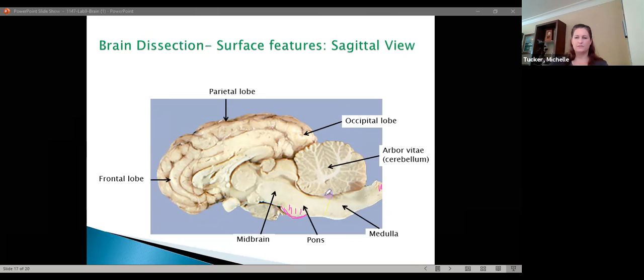And then it is connected via the cerebral aqueduct to the third ventricle, which surrounds the thalamus. And then this structure is called the arbor vitae, the tree of life. It will have these white tracts deep, surrounded by 2 leafy layers of gray matter.